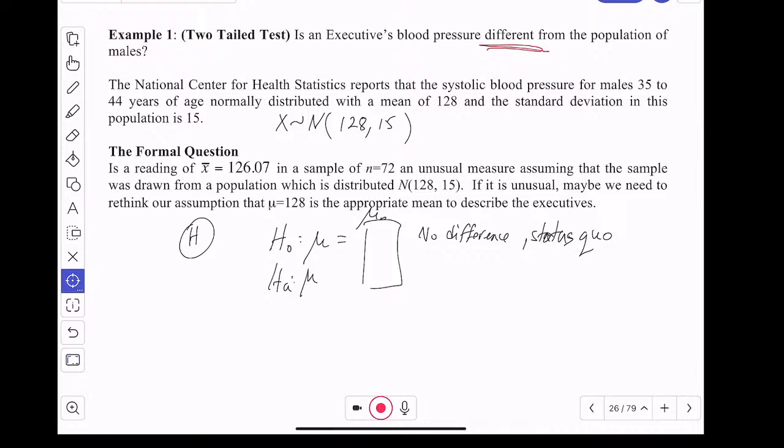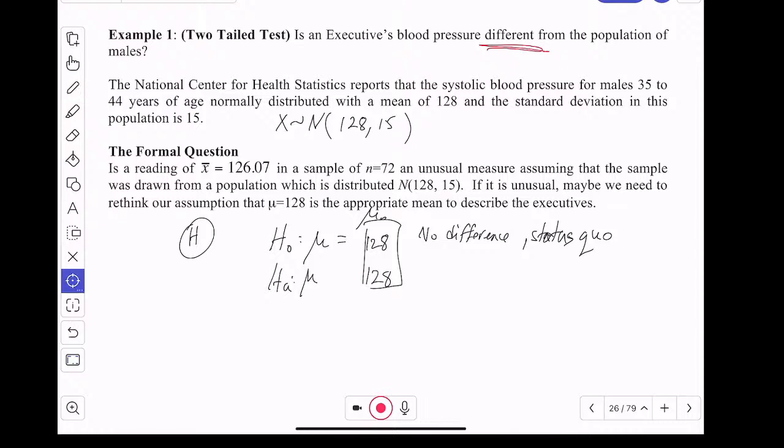No idea? Well, if they're no different, then they should also have a mean of 128. Whatever number I put here, I copy down here, okay?